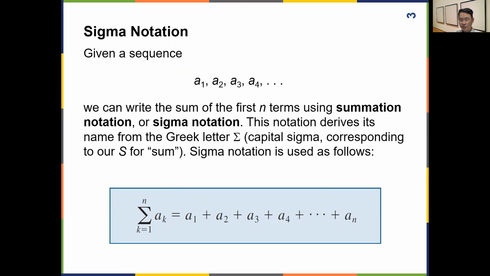Now, before we get into the actual formulas and techniques, let's talk about some of the notation. It's called sigma notation. It looks like this. It's like an M on a sideway. Now, why would they call this a sigma?